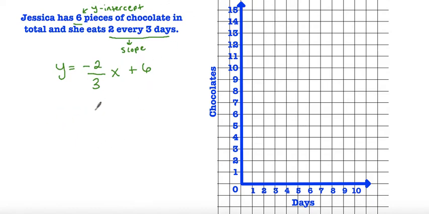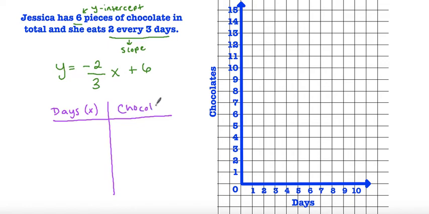And so we could represent this using a table where x would be the number of days and y would be the number of chocolates. And so at 0 days, she has 6 pieces of chocolate.